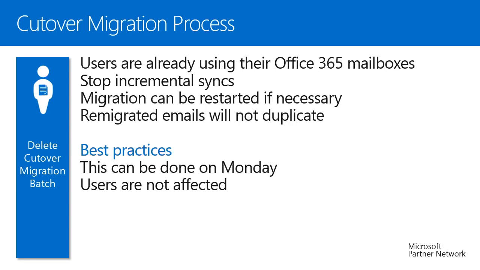If it finds any email that was already migrated to the cloud, it will not duplicate it. So you can restart the migration and do it again if this is really necessary. But most customers remove this synchronization process on Tuesday or Wednesday, when they have made sure all the users are using their new mailboxes.